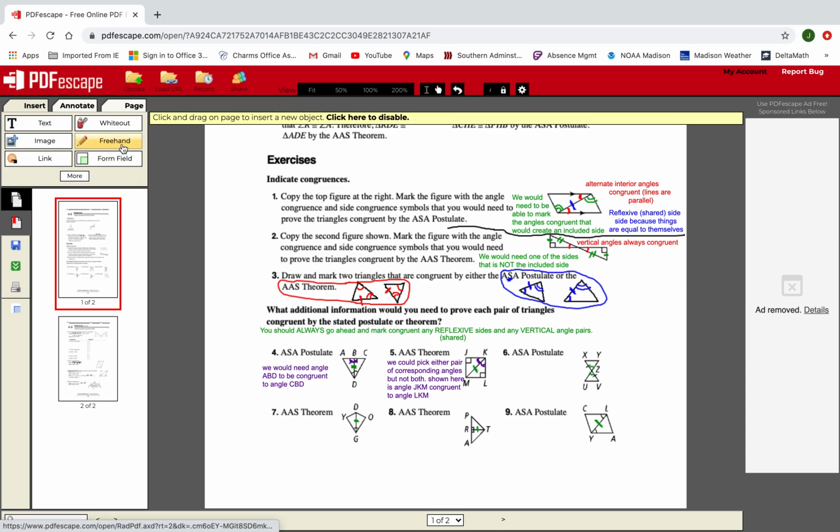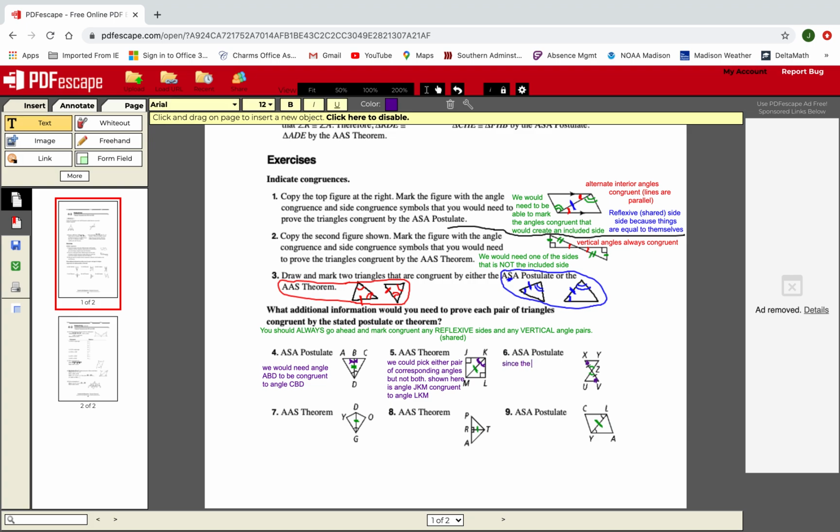So looking at number 6, again, they want ASA. I have a side and I have an angle. I need another angle such that the side is the included side. So I would need angle X and angle V, because I want those angles to be the ones that make that side between the angles.